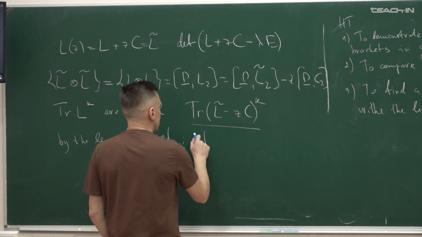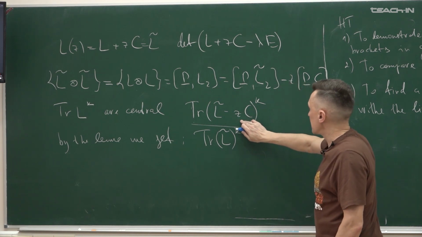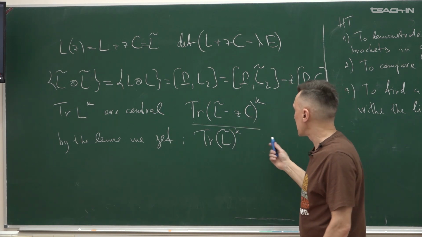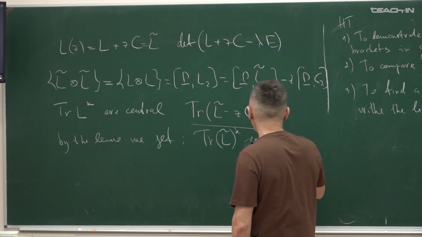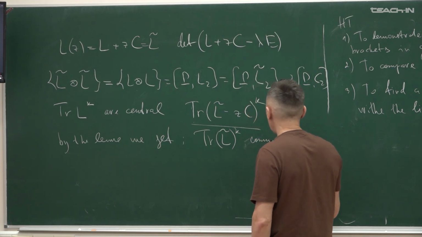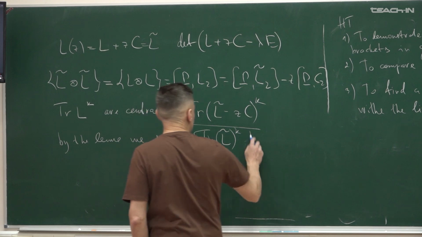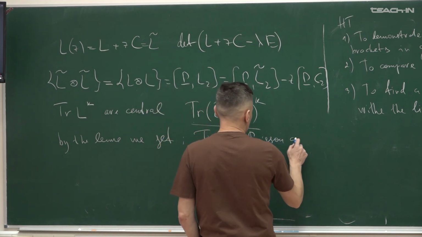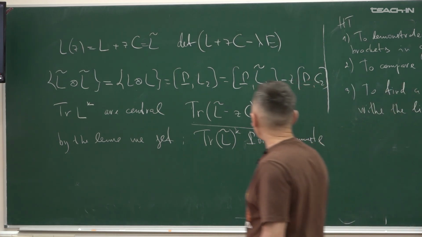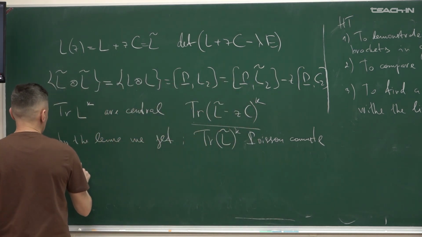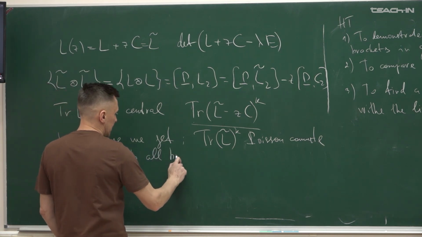that, for example, trace L tilde K, which is the zeroth coefficient in this expansion in Z, Poisson commute with respect to both brackets.